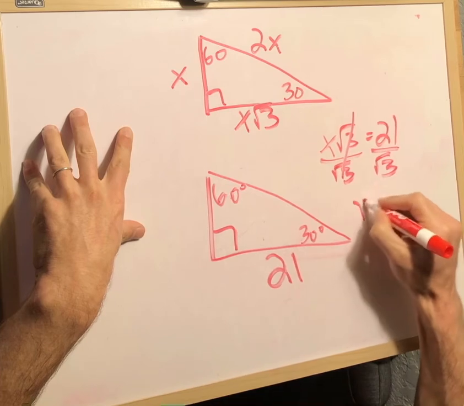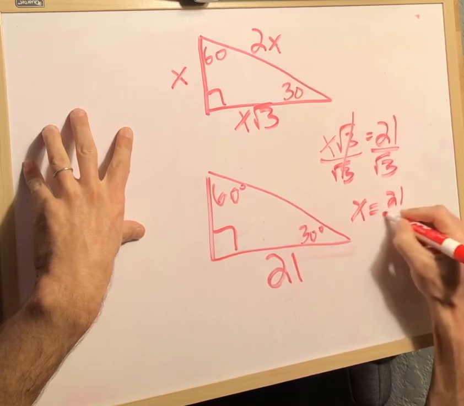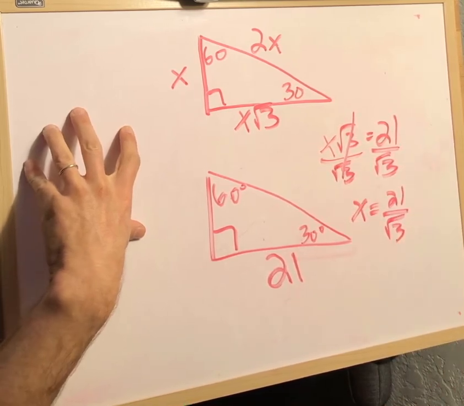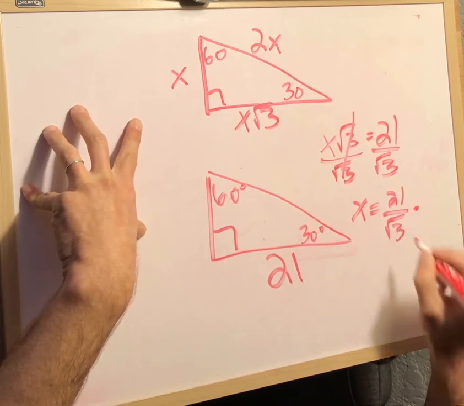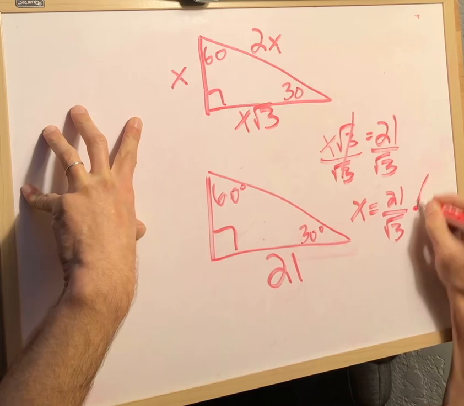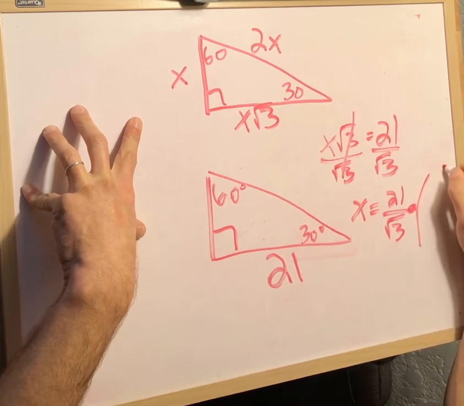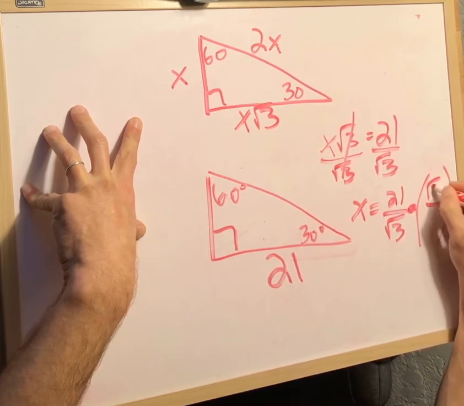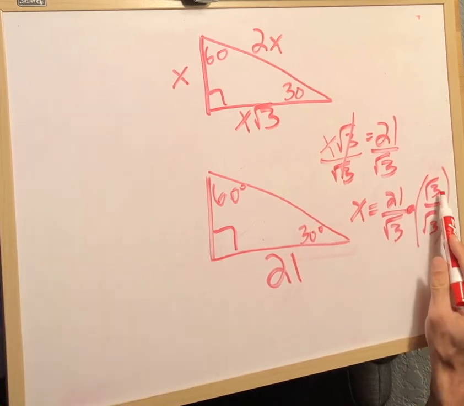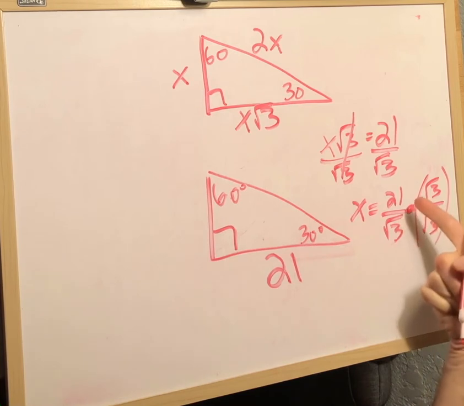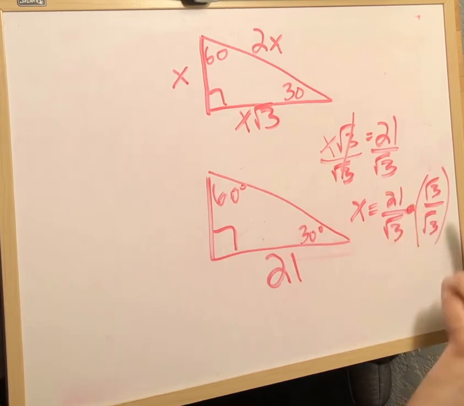So I get x equals 21 over root 3. But mathematically, I cannot have a root 3, or square root, in my denominator. So conceptually, you have to multiply the top and the bottom by a special form of 1. Because look, root 3 over root 3 is 1. And you can multiply any fraction by 1 to still get the same value.